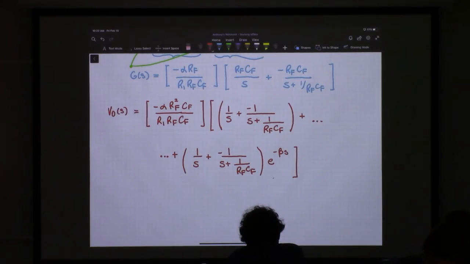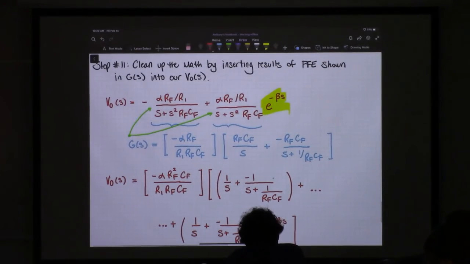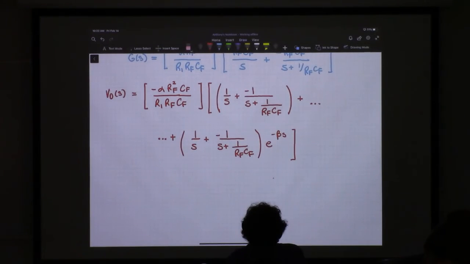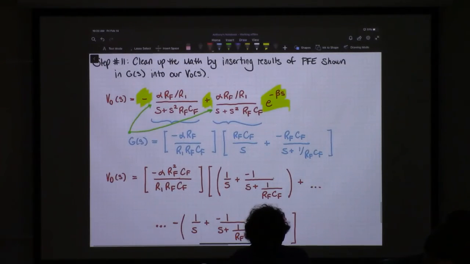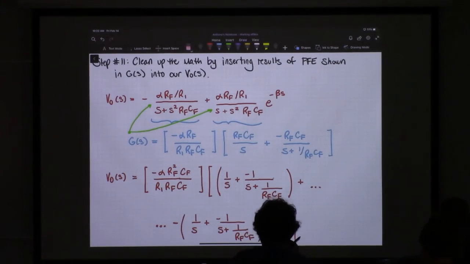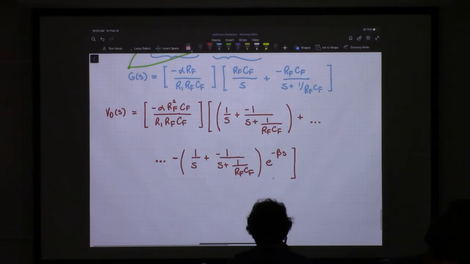And the one other thing we have to take into account is actually this was a negative and this was a positive, so the second term should be minus. All right. Okay, so now, we're almost done actually.